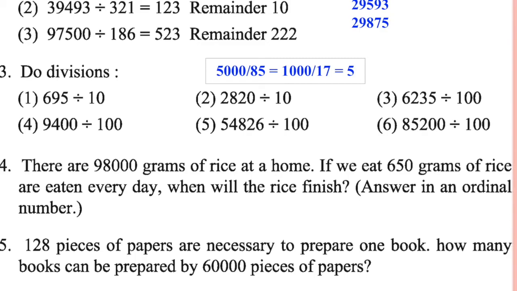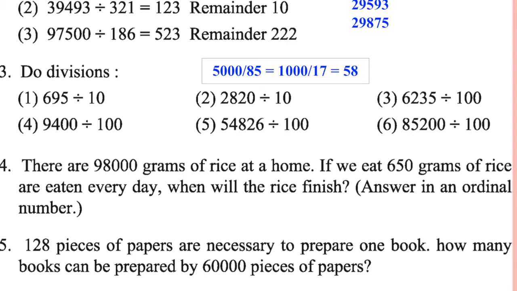150 means 17 7 is 119. 17 8 is 129 plus 7, 136. 136 plus 17, that will be more than 150.